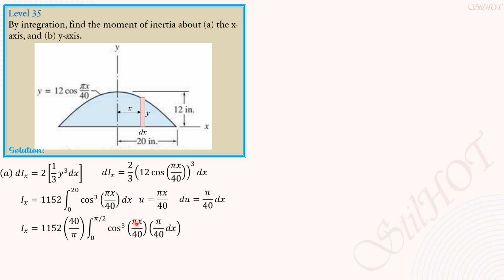Then there is alpha, which is equal to pi over 2 or equal to 1. Here it is 1 because the exponent of cosine is 3 and the exponent of sine is 0, so they are not both even.